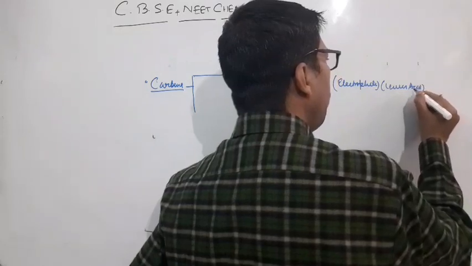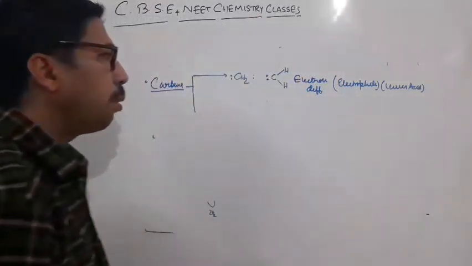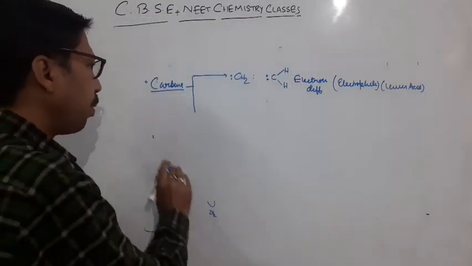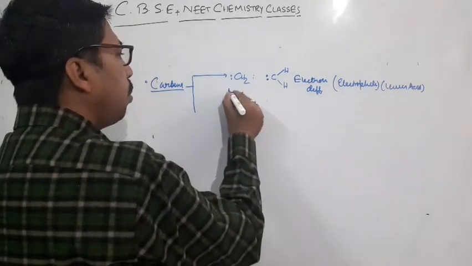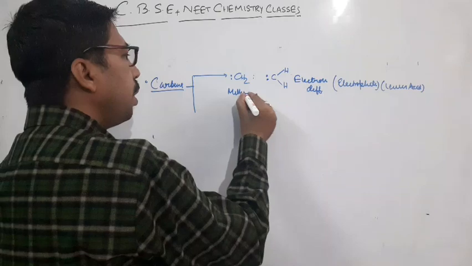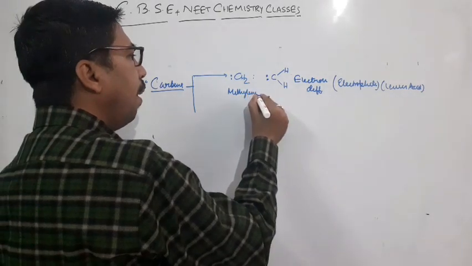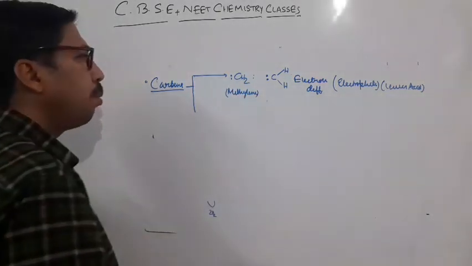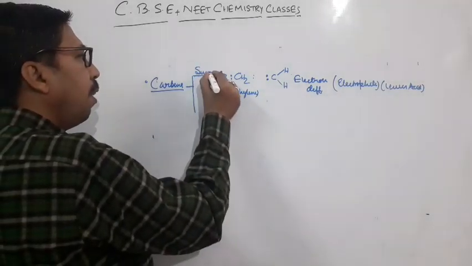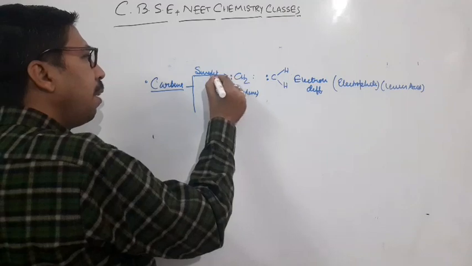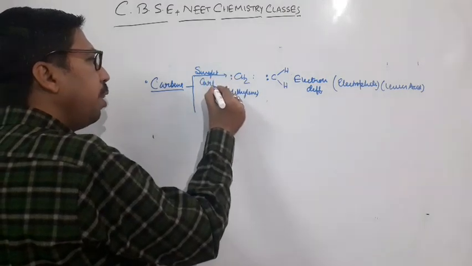Several objective questions can be given from this segment. So this is the carbene and it's known as methylene. Carbenes are of 2 types. The first one is singlet carbene.